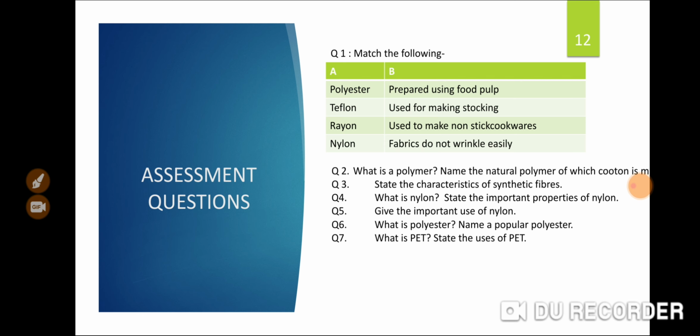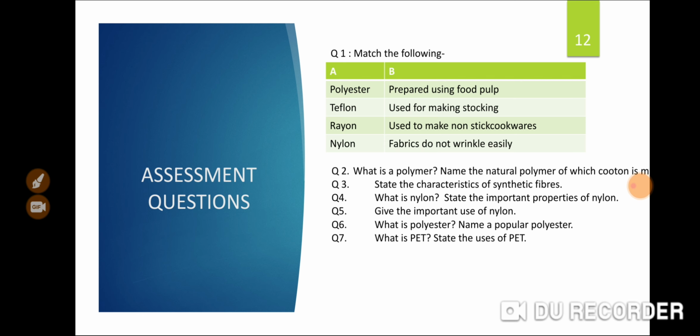In column A, some items are given: polyester, Teflon, rayon, nylon, and we have these items with relevant descriptions. First is polyester.